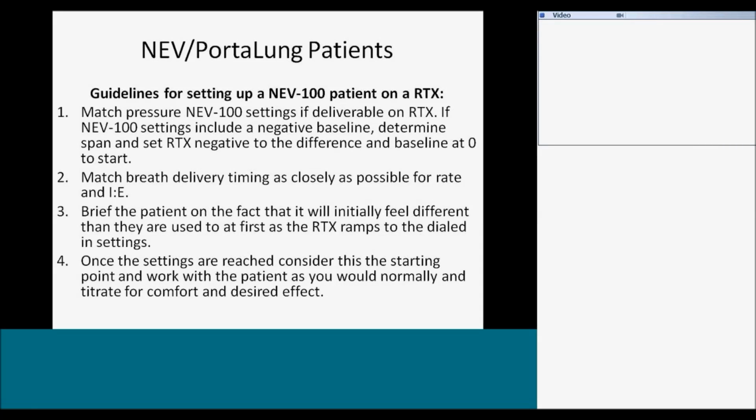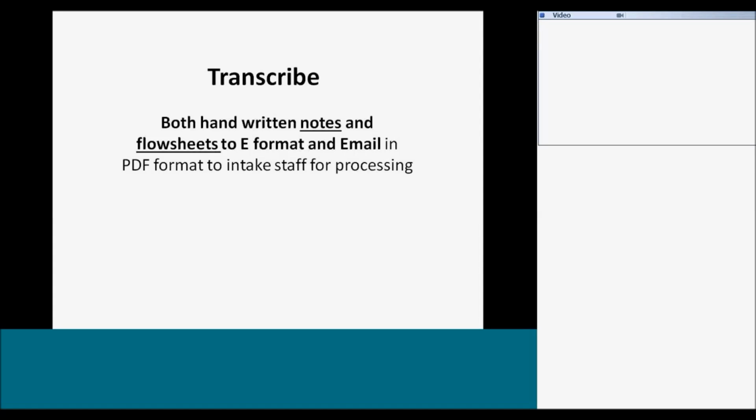And then once you've gotten the patient up on the RTX at settings that are mimicking the NEV100 settings, then you can just make adjustments to achieve the desired effect based on the same or similar instructions that we just gave.